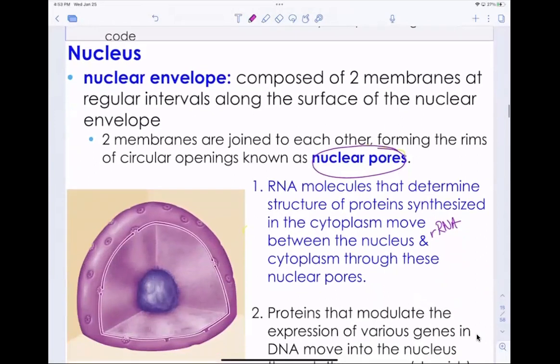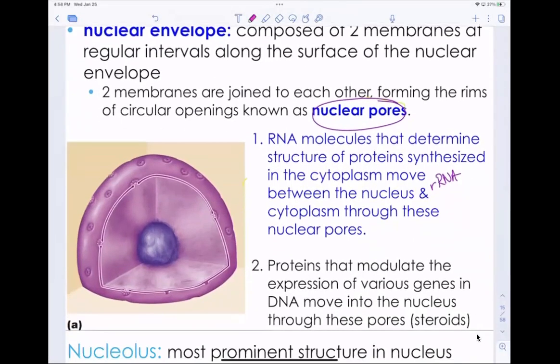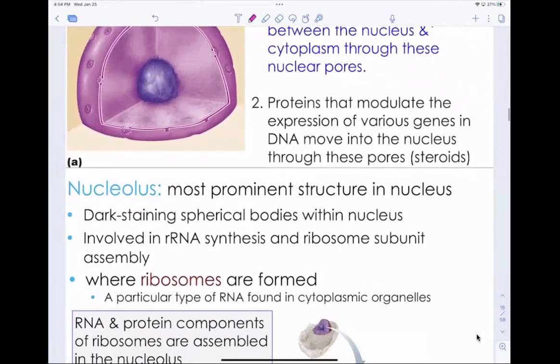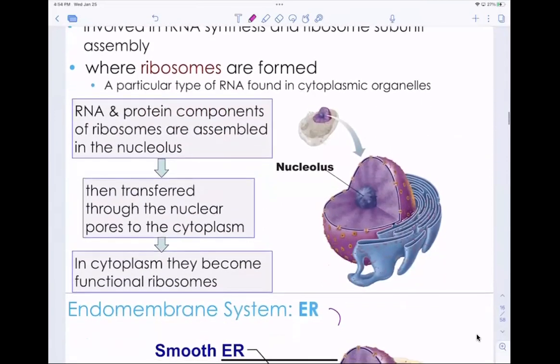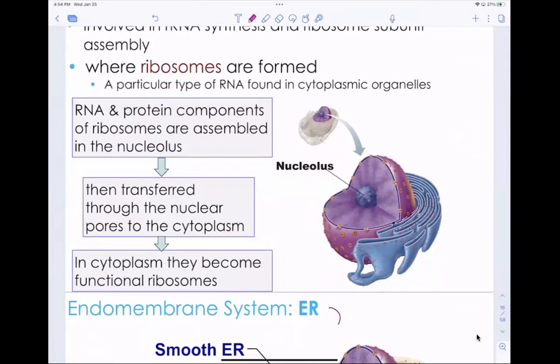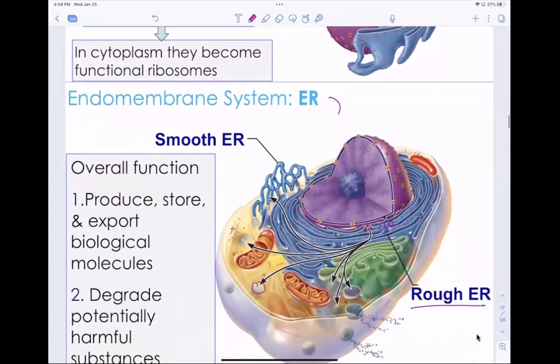The nuclear envelope is really two phospholipid membranes, and there are these little holes called nuclear pores through which the RNAs and the mRNAs can leave the nucleus and go out into the cytosol. So again, nucleolus forms the ribosomes that we'll talk about later that help translate the messenger RNAs into a protein.